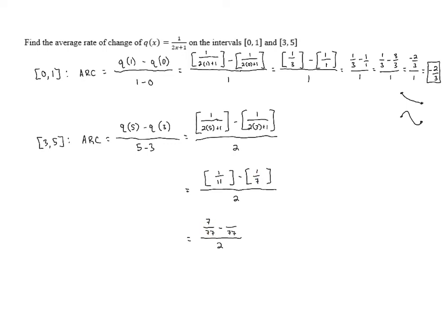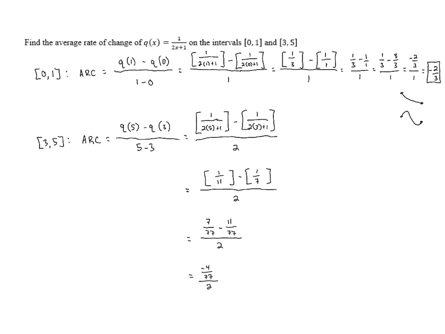And then 1/7 is going to become 11/77 because 1 and 7 need to be multiplied by 11. Now that we have a common denominator, we can subtract those two fractions. 7/77 minus 11/77 is going to be negative 4/77.